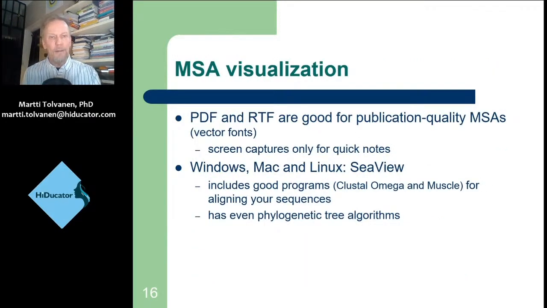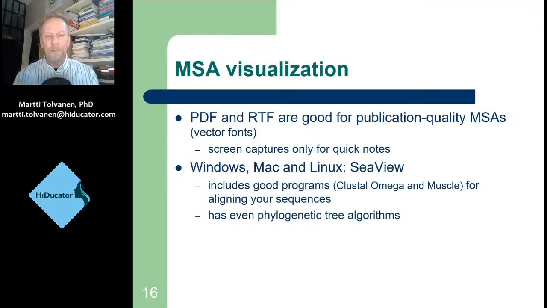Now, regarding the visualization of your MSAs, if you want to include example alignments in your thesis or for a publication, it has to be of good quality. Screen prints are not that nice, so you need vector fonts, something that produces a rich text format file or a PDF.